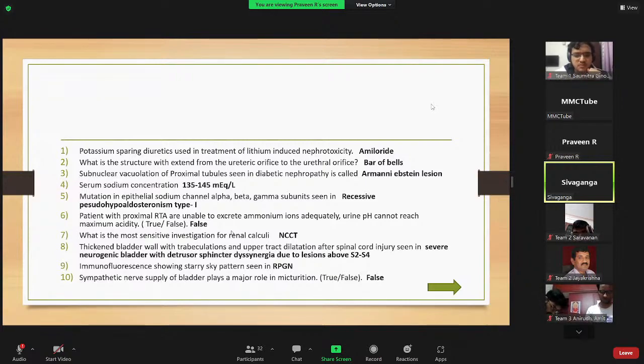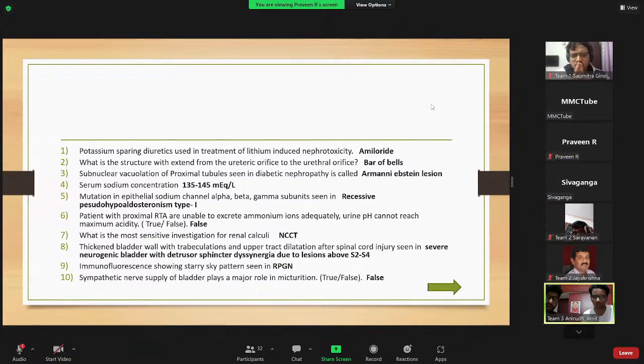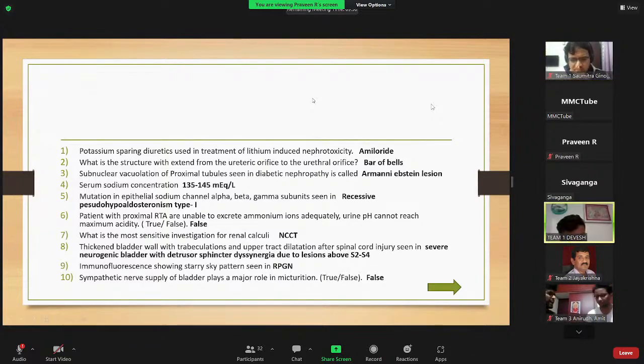Eighth one is neurogenic bladder, severe neurogenic bladder with detrusor sphincter dyssynergia due to lesion above S2 to S4. And ninth one you said RPGN, correct. 10th one you said false, correct. You answered first, third, fourth, sixth, seventh. 9th one PSGN, right? PSGN is also right, starry sky pattern due to IgG, IgM, C3.